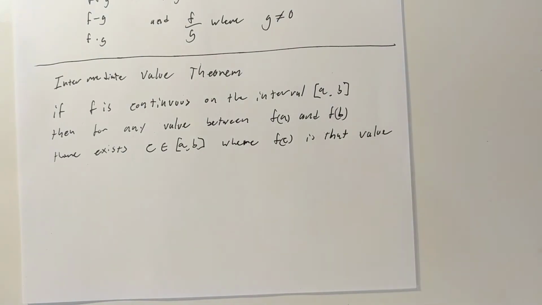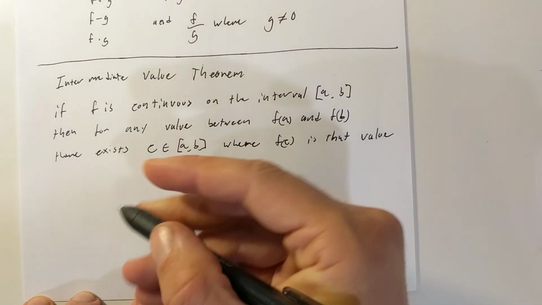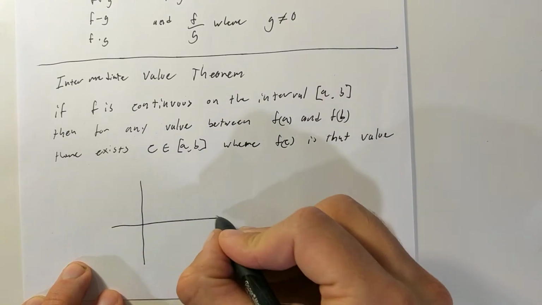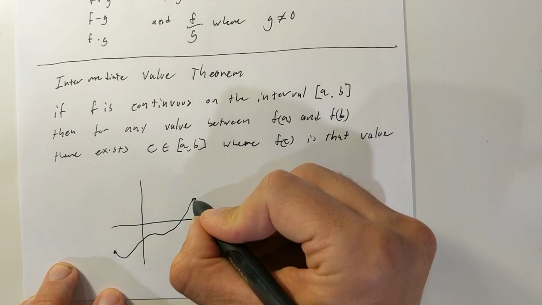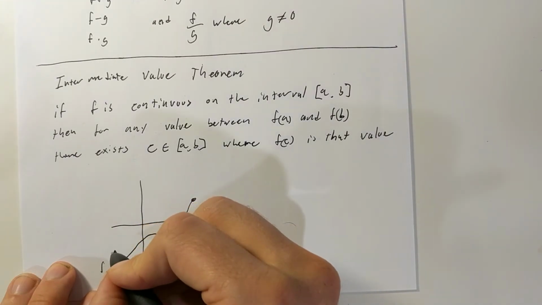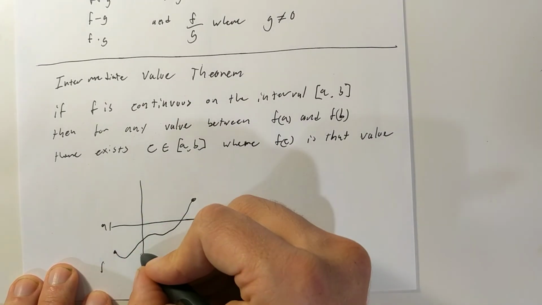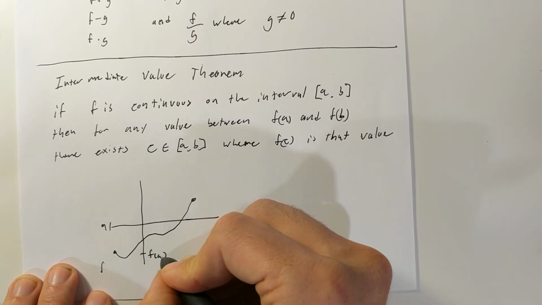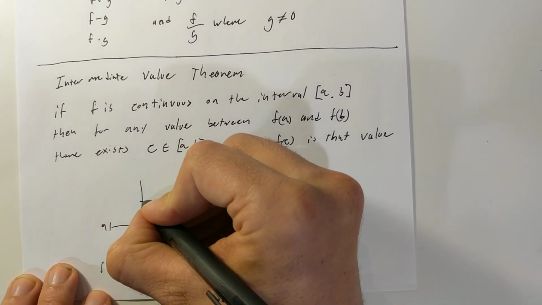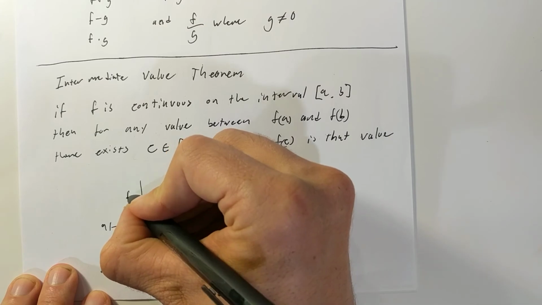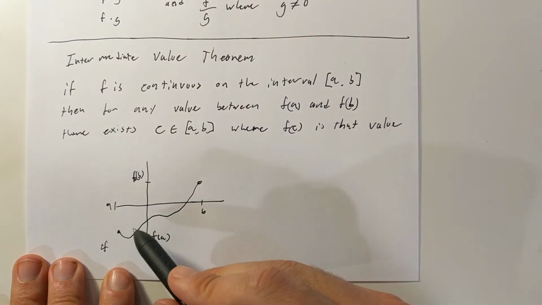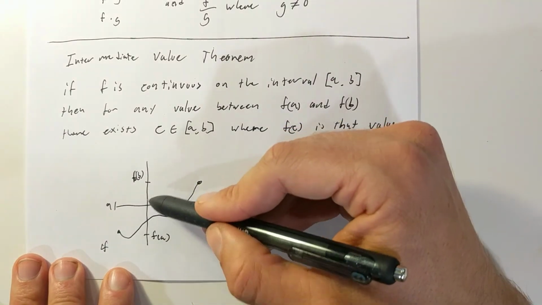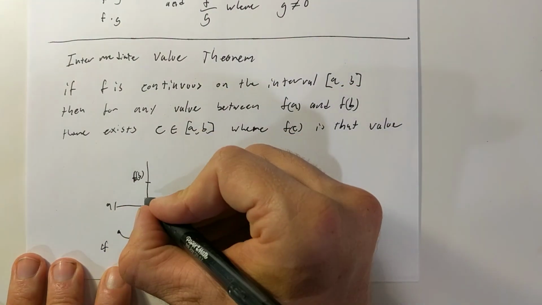Basically, this should make sense. Graphically, what am I saying here? Here's our function. Here is a. Here's f of a. Here's b. Here's f of b. What I'm saying is that at any point, pick any value here. Let's just say I want to pick this value.